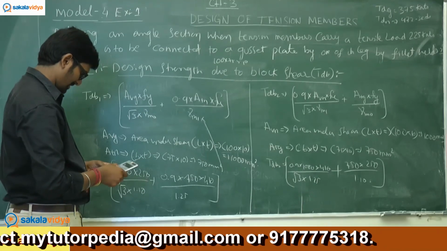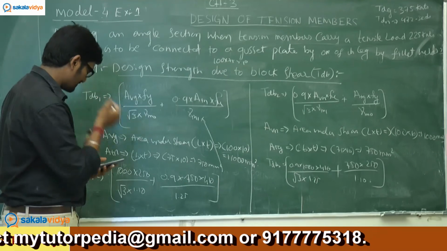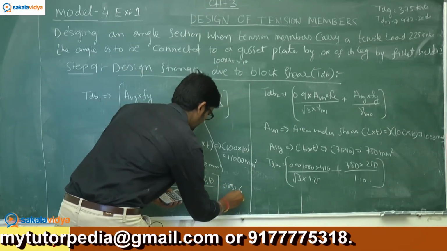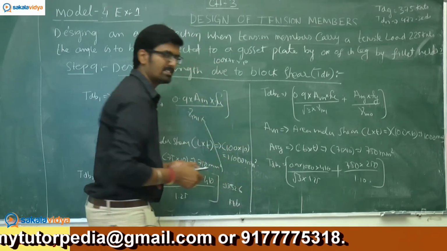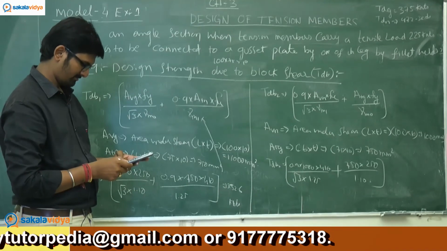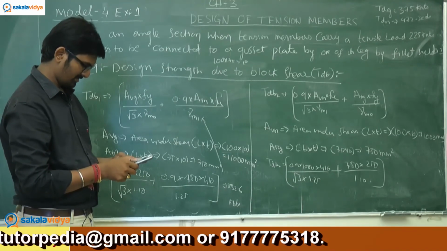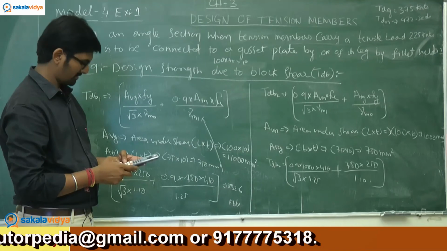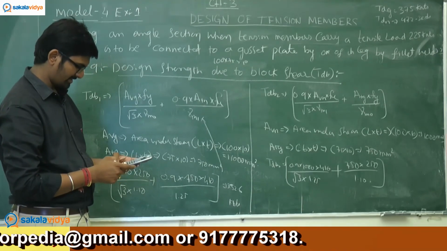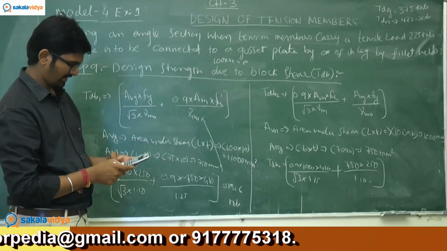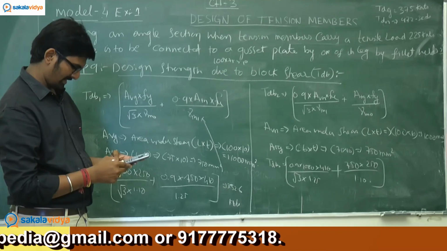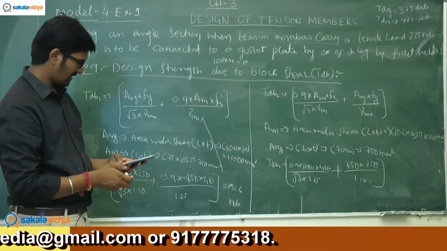If we divide with 10 power 3, 352.6 kilonewtons. Now let us calculate this one. Design strength of block shear 2: 0.9 into 1000 into 410 divided by root 3 into 1.25 plus ATG is how much? 750 into Fy 250 divided by 1.10. If we divide with 10 power 3, 340.